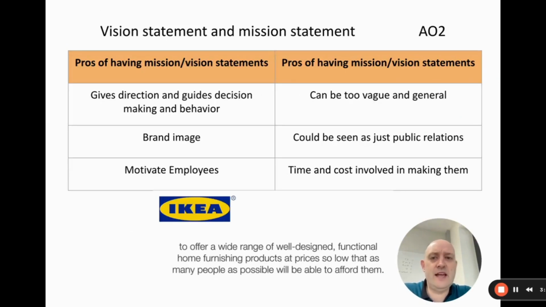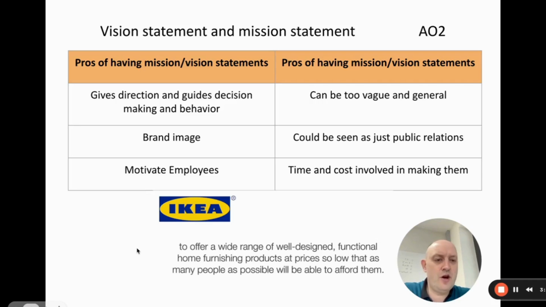So some pros and cons of having these statements and sharing them with the public. First one, it gives direction and guides decision making and behavior. If we look at the one down here, IKEA: to offer a wide range of well-designed functional home furnishing products at prices so low that as many people as possible will be able to afford them.